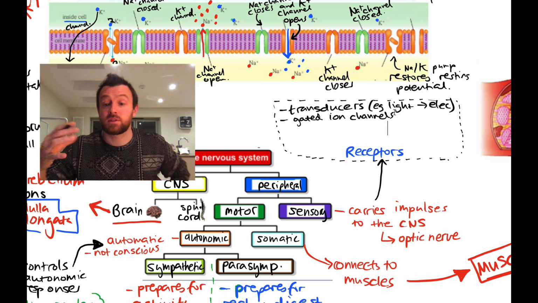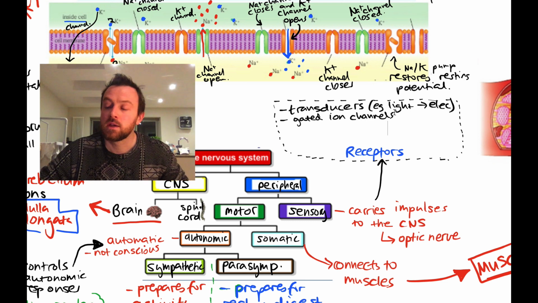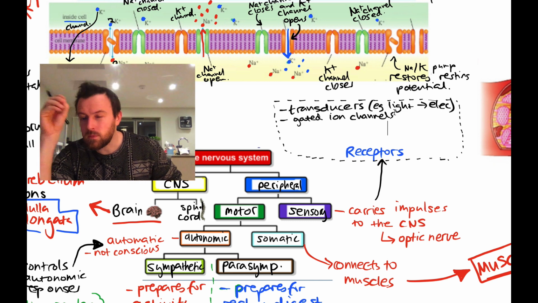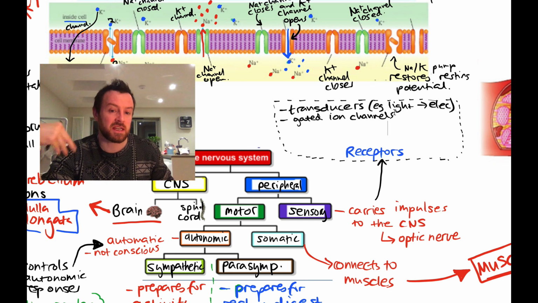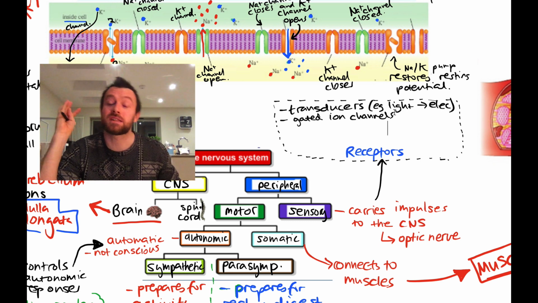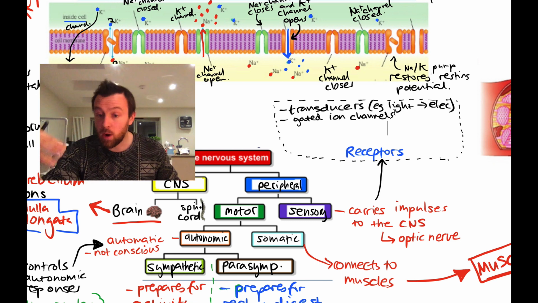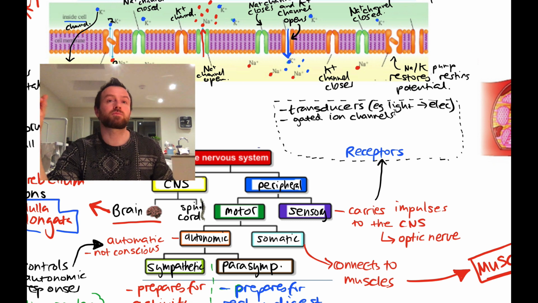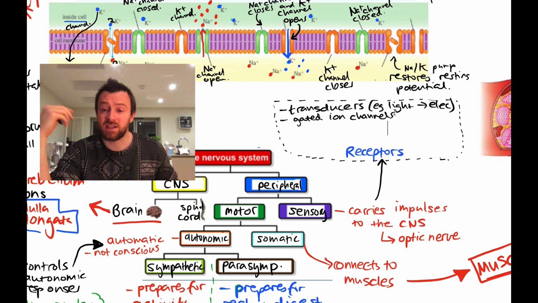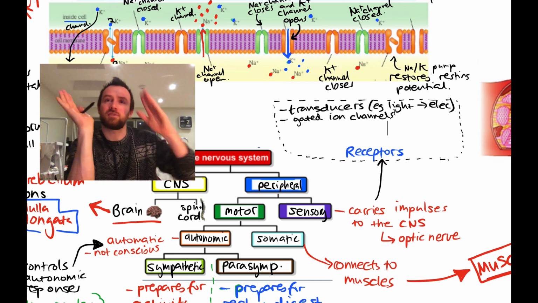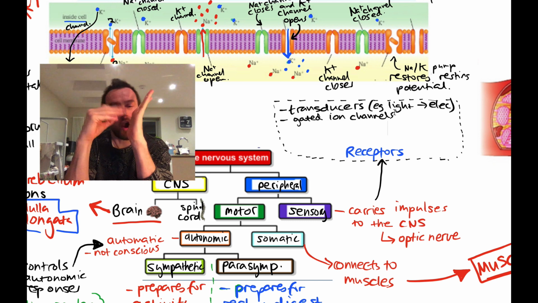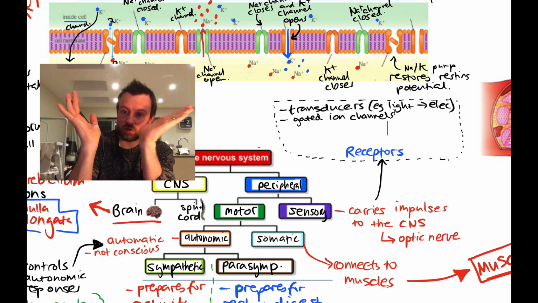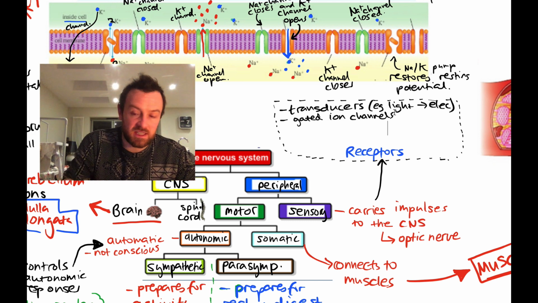For example, the cone cells and the rod cells in your eye have a pigment called rhodopsin, and when a photon of light hits that rhodopsin, it changes its shape, and that change of shape eventually leads to an opening of an ion channel, and sodium ions flood in, depolarizing the receptor cell. You have hair cells in the ear. The sound wave bends the cell in a certain way, and that bending opens a little channel with a trapdoor kind of mechanism. It's really fascinating how it works.